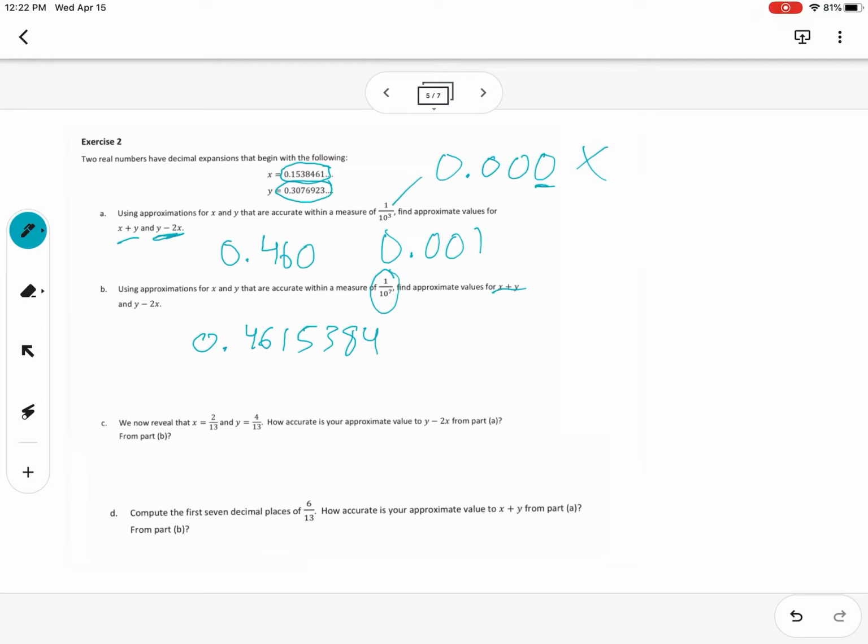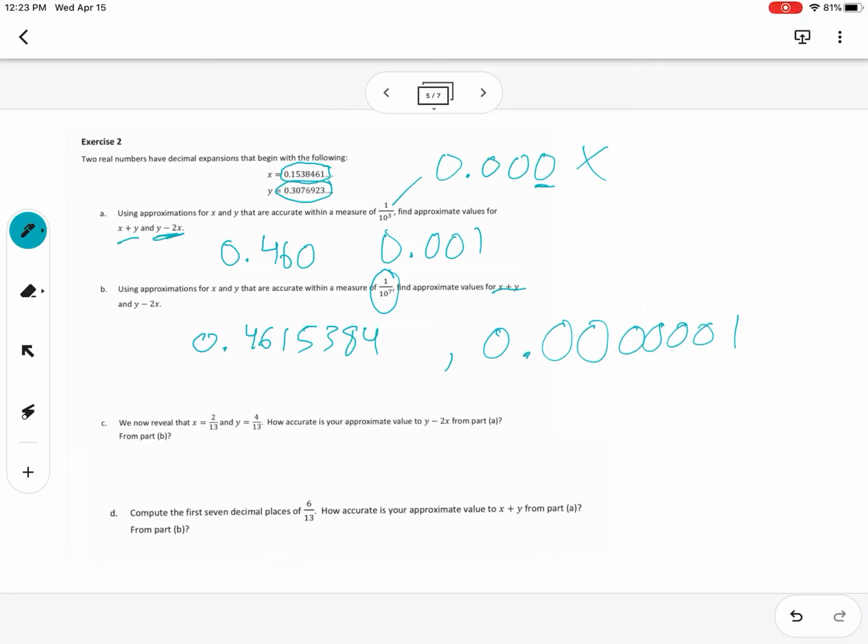And when you did the y minus 2x, you should have gotten 0.0000001. Hopefully you're kind of seeing a trend there.